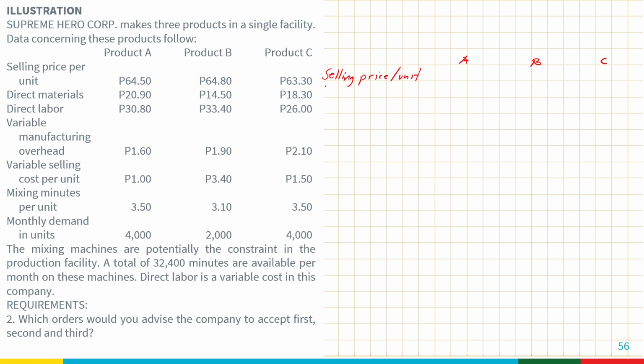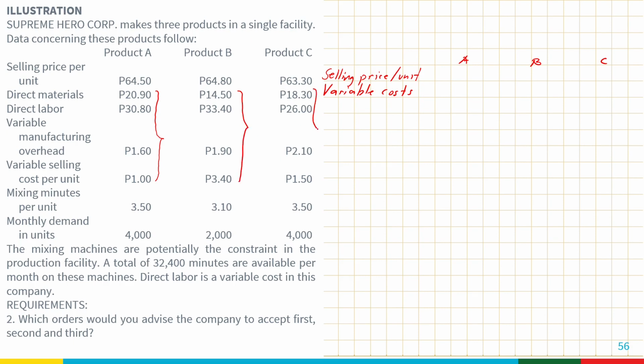So next, let's deduct the variable cost. To do that, let's get the sum of the following amounts. We have the direct materials, direct labor, variable manufacturing overhead, and the variable selling cost per unit. Ito lang yung mga kailangan natin, no? So, compute natin yan per product.